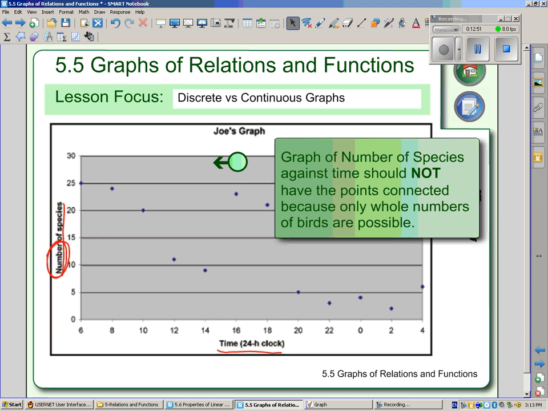If I connected them, I'm going to be saying that at 7 o'clock in the morning there was 25 and a half species of birds. So it makes no sense to connect the dots. So this would be discrete data, the number.